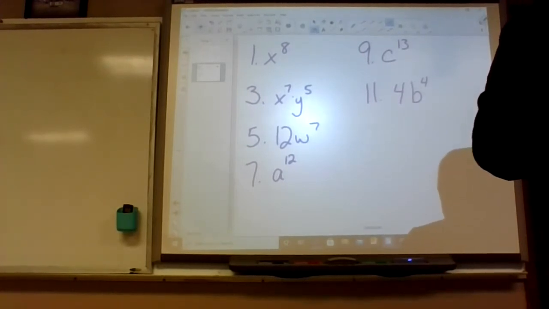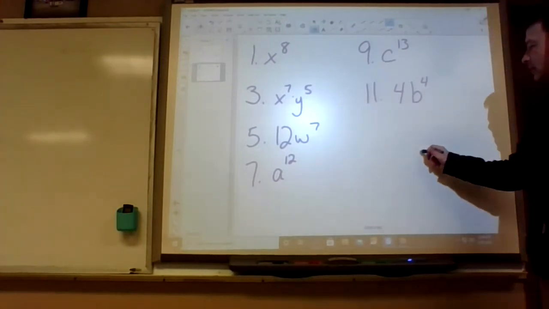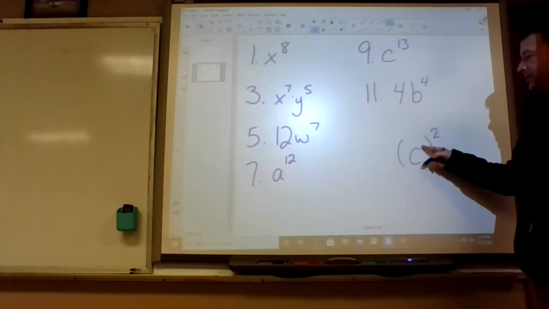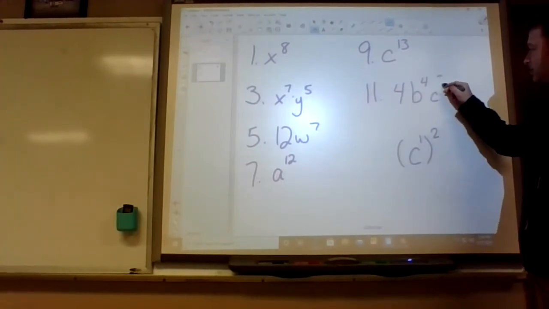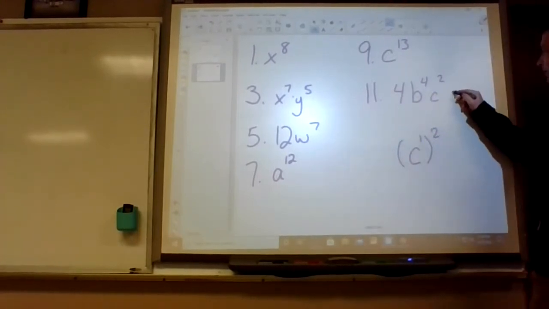C is being squared, and d to the 5th is being squared. So what's c squared? 2. Okay, if there's no exponent, what's the exponent? 1. So you can think of this as 1 times 2. Or it's just c squared. And then how many d's are we going to have?